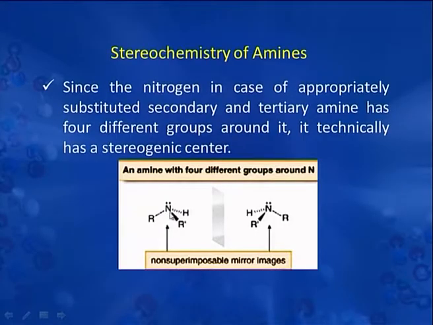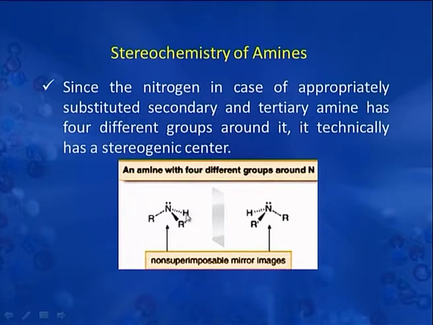Now, what does appropriately substituted mean? If we take an example of a primary amine, there will be a nitrogen with an alkyl group, a lone pair of electrons, but 2 of the substitutions will be hydrogen. So a primary amine will not show optical activity at all. The reason is that the 2 substitutions are similar, and that is why they will form a superimposable mirror image.